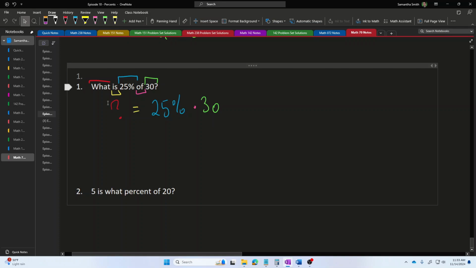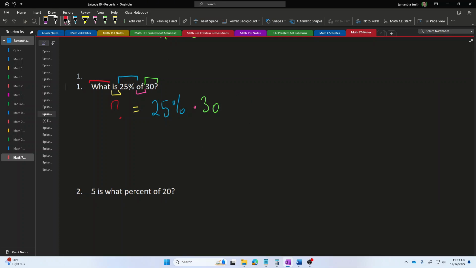Now, in this situation, the quantity that I'm trying to figure out, the question mark representing the what, the unknown number, is already by itself on one side of the equal sign. So all I have to do to finish answering this question is use the calculator to figure out the value of 25% of 30, 25% times 30 here on the right side.